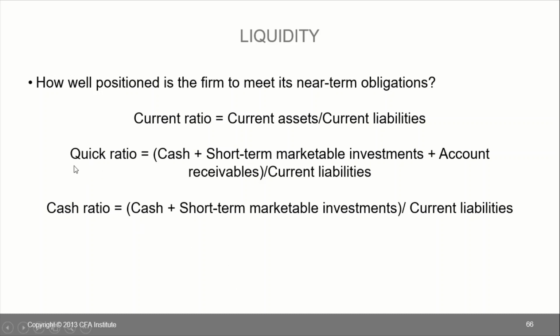The reason why it's called quick ratio is that you only take into consideration part of your current assets. Kumbaga, as compared to other components of your current assets, ito talaga yung mabilis ma-convert back into cash.